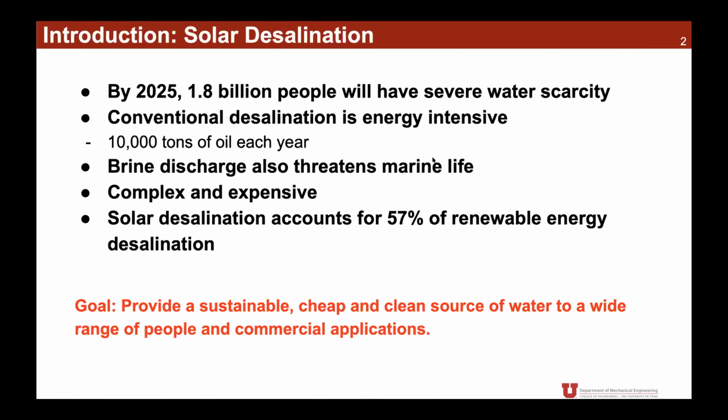So our goal is to provide a sustainable, clean, and cheap source of water to a wide range of people and make it commercially applicable. Conventional desalination systems are energy intensive and they use 10,000 tons of oil each year. Brine discharge also threatens marine life, and it's just complex and expensive.